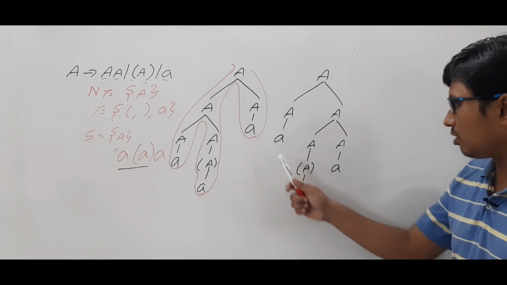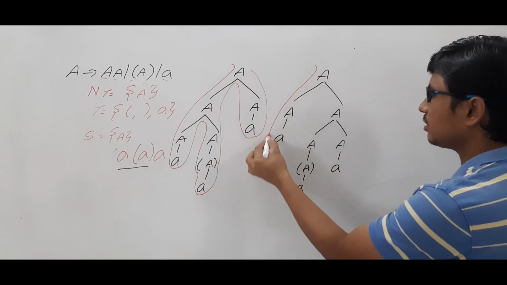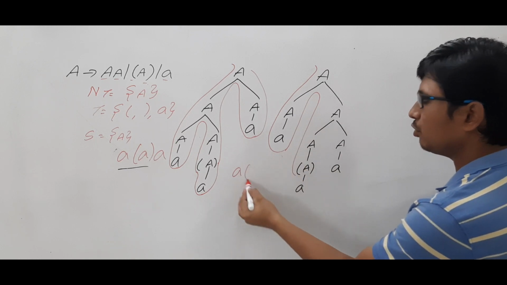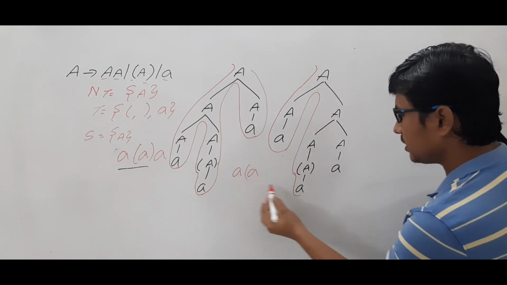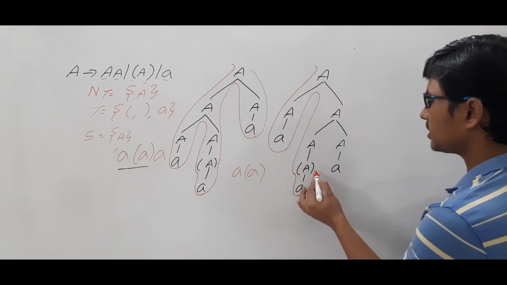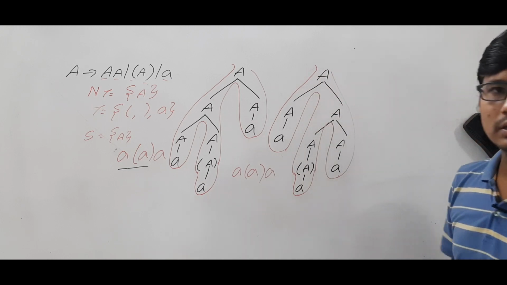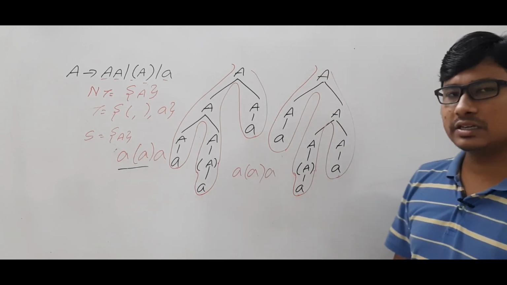Now we got all the terminals. Okay. Now we complete the yielding of a parse tree. We got a small a. We got the open braces. Are you able to follow with me or not? We got a small a. We got a close braces. We got a, and we got the root. So we have completed the yielding of a parse tree. What is the string we got?